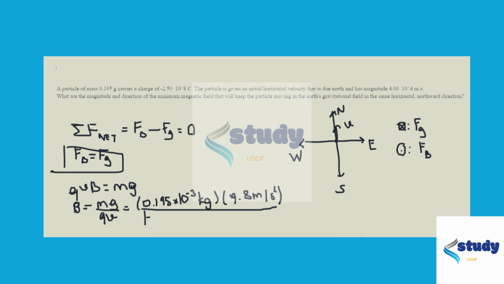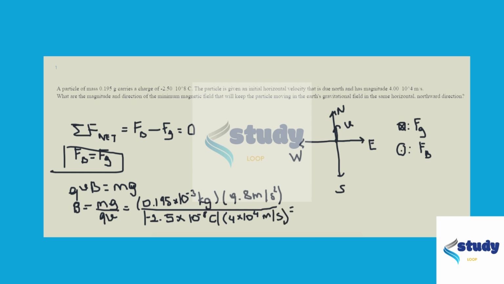You do 2.5 times 10 to the power of -8, my apologies, it's -8, coulombs, right? Times the velocity, the magnitude of the velocity vector, which is 4 times 10 to the power of 4 meters per second.